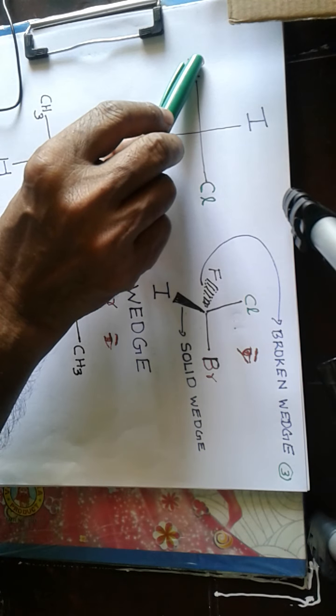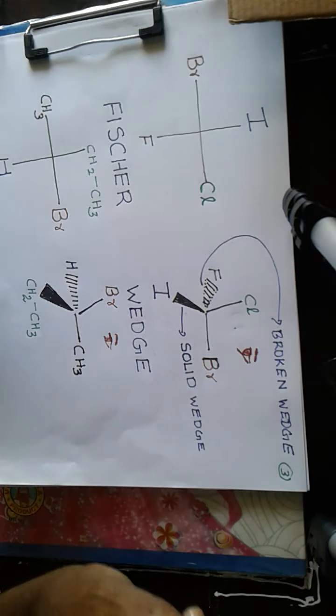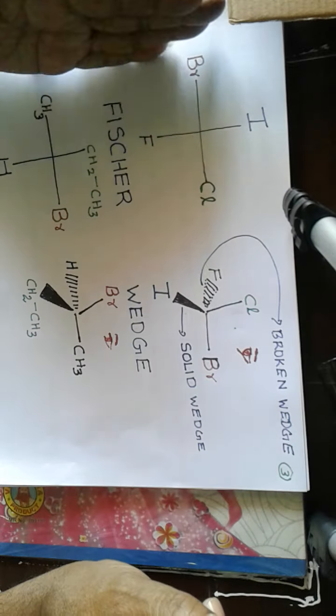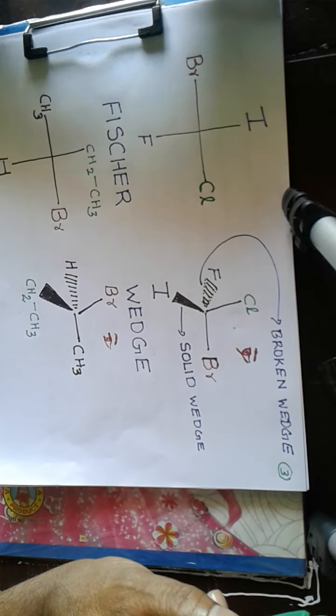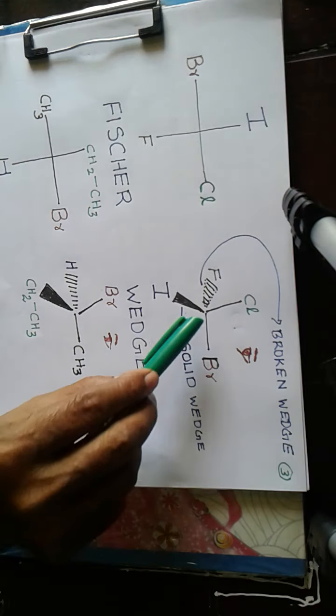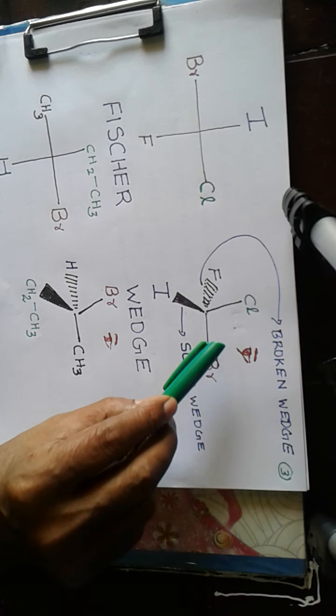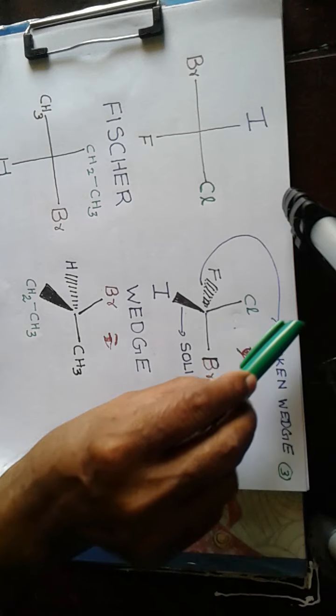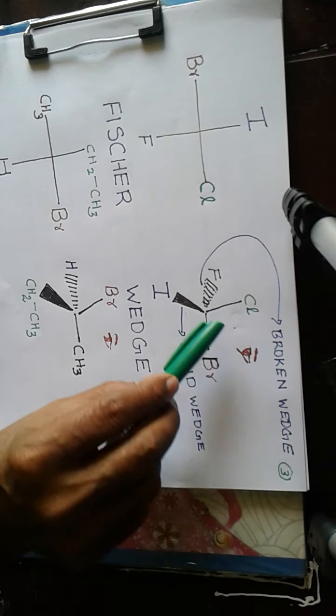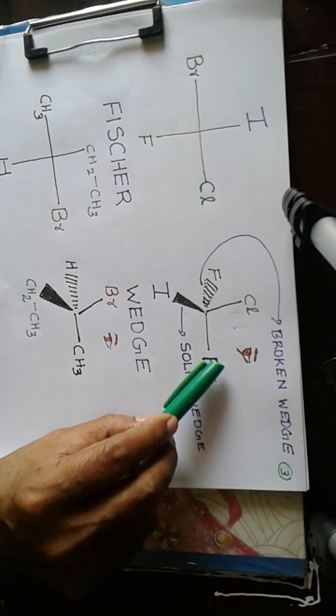Bromine, on the left hand side, is drawn using a normal horizontal line which is parallel to the plane on which it is present.